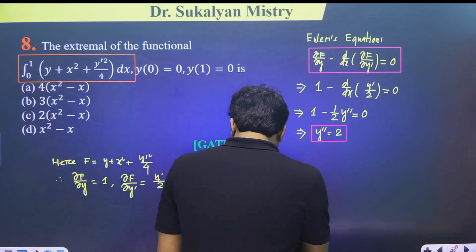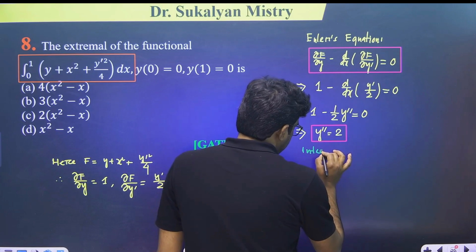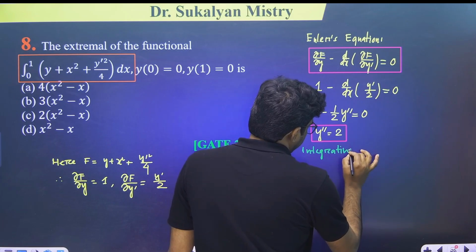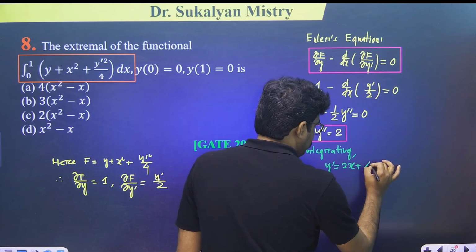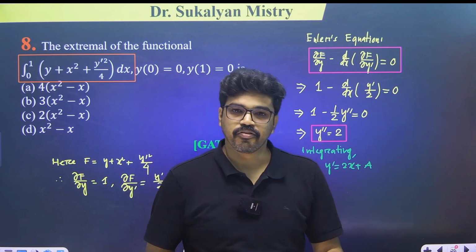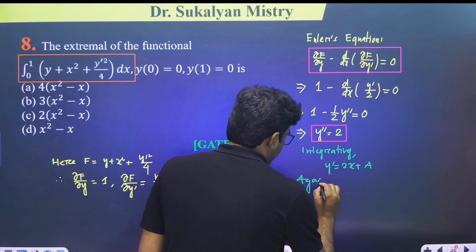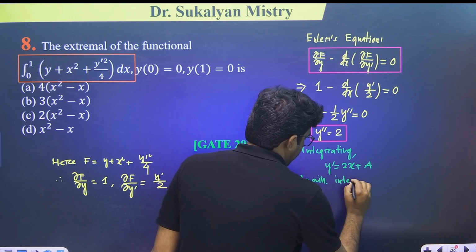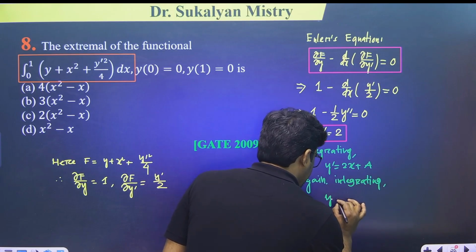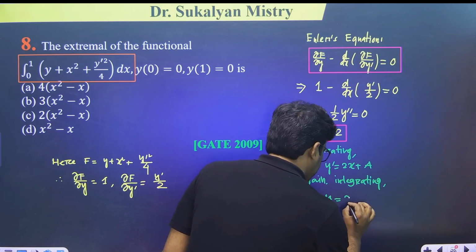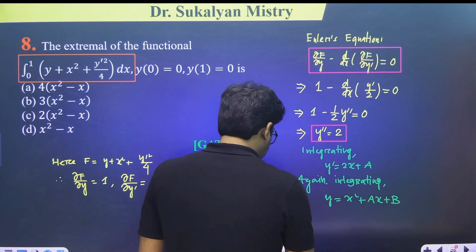So now integrating, we get y' equal to 2x + a, where a is the constant of integration. Again integrating, y is equal to 2 into x²/2, that is simply x² + ax + b.